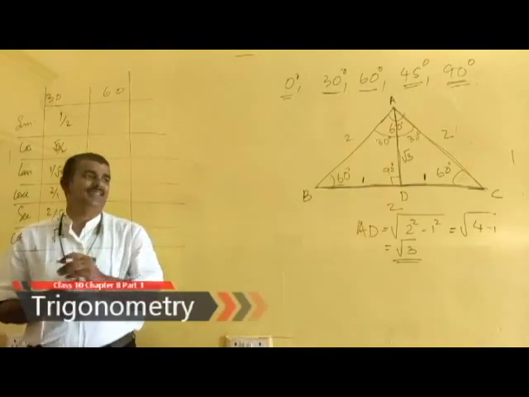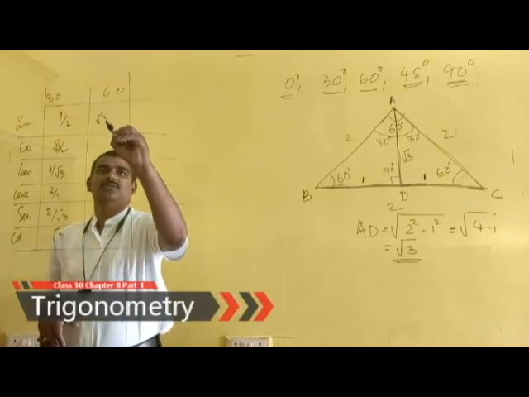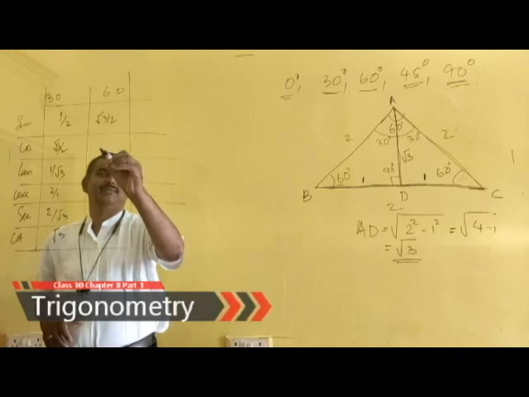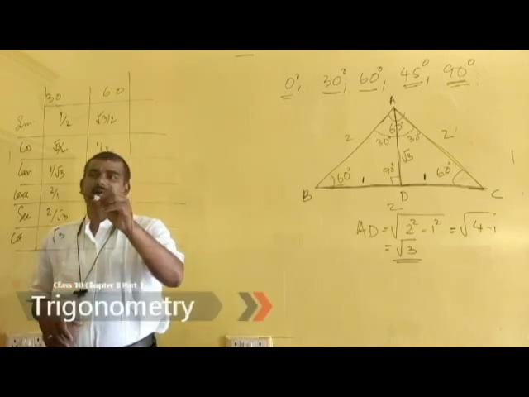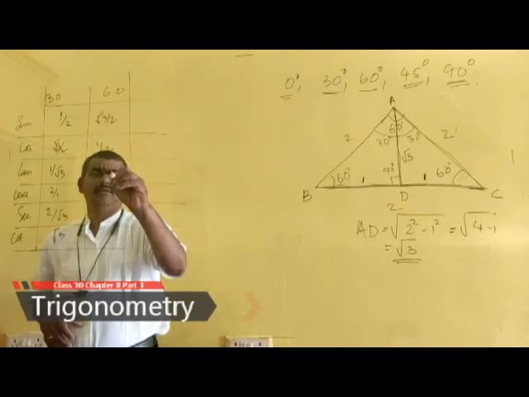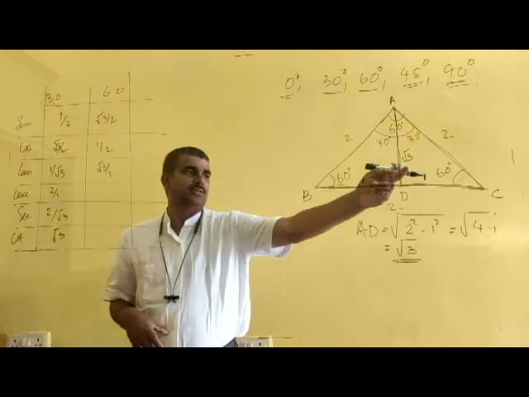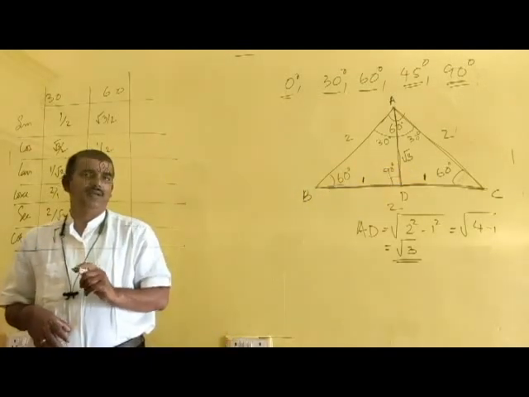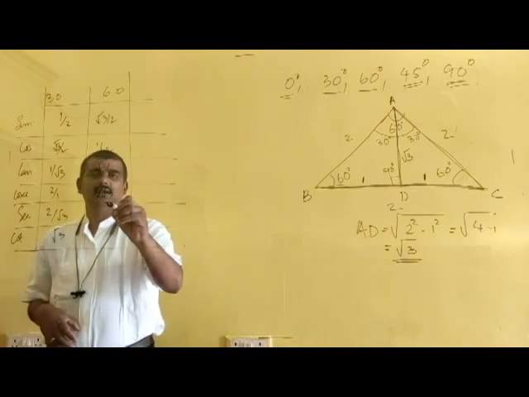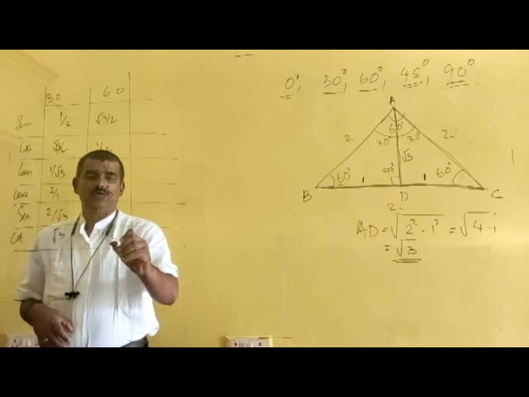And as far as 60 is concerned, opposite side is root 3 and hypotenuse is 2, so sine 60 is root 3 by 2. And next one is adjacent side, that is 1 by 2. Then tan is equal to root 3 by 1. Tan 60, opposite side is root 3 and adjacent side is 1, root 3 by 1. And now it's just the opposite, you have to write 2 by root 3 and 2 by 1 and 1 by root 3.